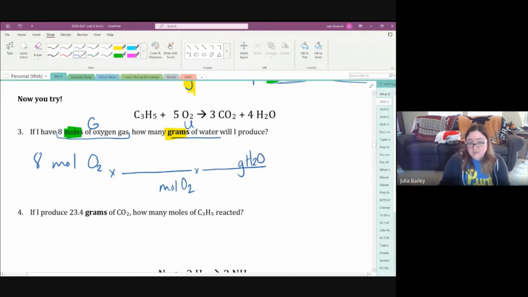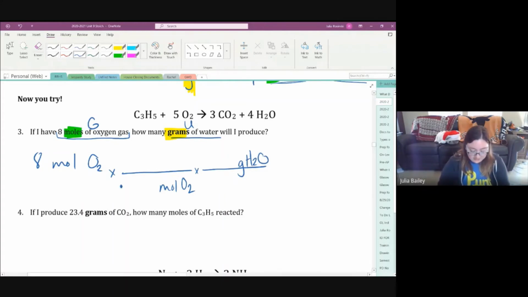And I know that if I am changing chemicals, I have oxygen and water. Anytime that I'm changing chemicals, I can only do that if I have the mole bridge. I cannot change chemicals unless I have a mole bridge. So now I need to decide, where does the mole bridge go? And there's only one place where I can put the mole bridge.